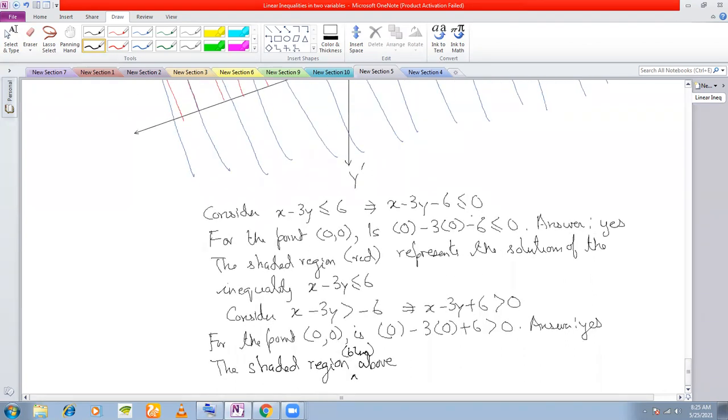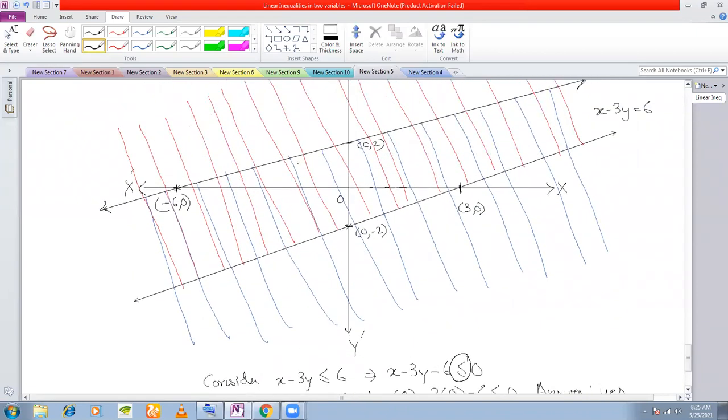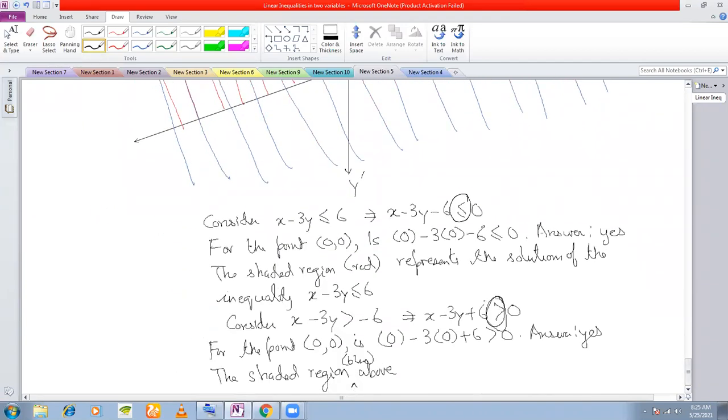In the first one we had an equality here. Here we don't have an equality. That means although all the solutions will be on the shaded region, all the solutions on this line will not be the solution. Understood? Because there is no equality here. Is that clear?